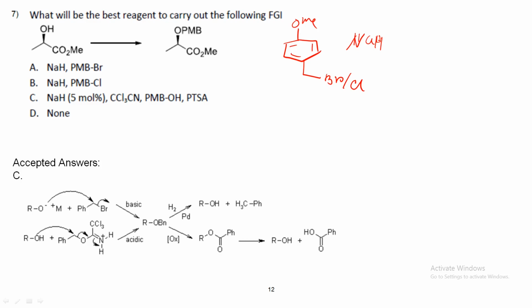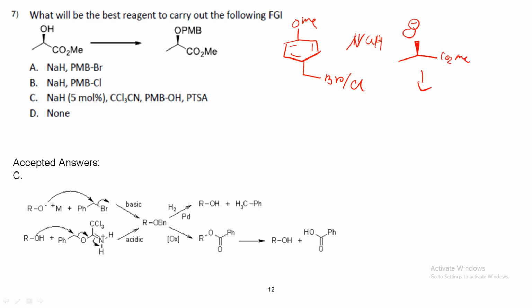So let's look at it. When sodium hydride is charged in this particular reactant, at first the acidic proton would be taken by that, and O minus would be generated, and then a simple SN2 reaction.